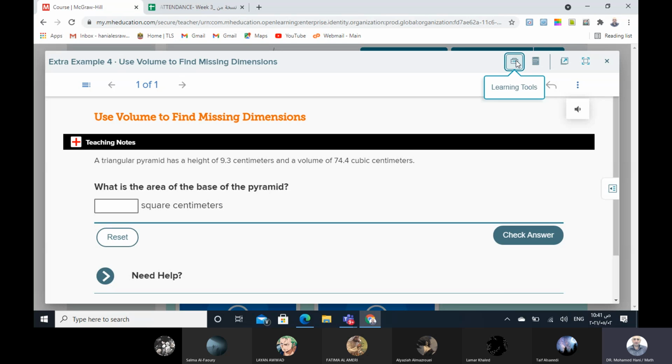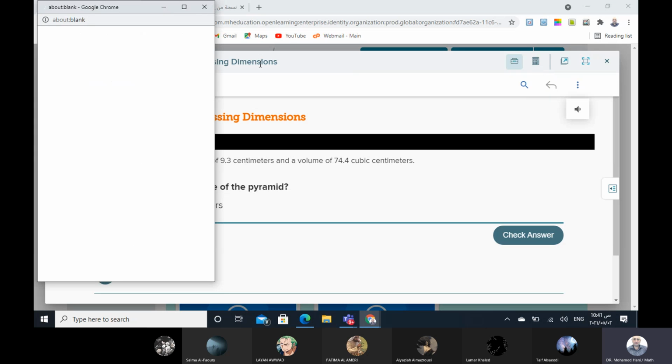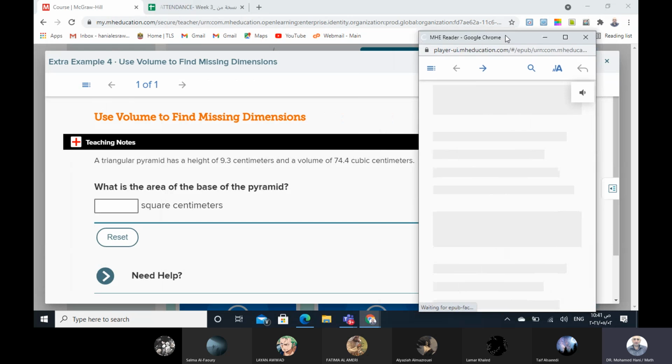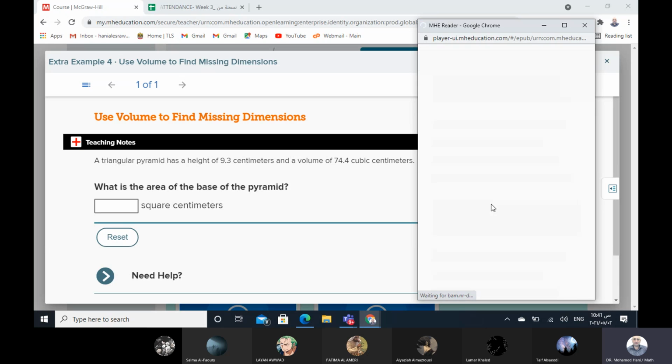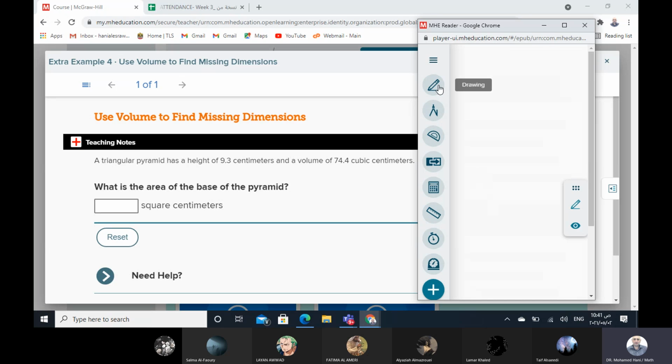So the first step, write the formula of the volume of the pyramid. V equals, here we have a pyramid, means 1/3 multiplied by the area of the base multiplied by the height of the pyramid.